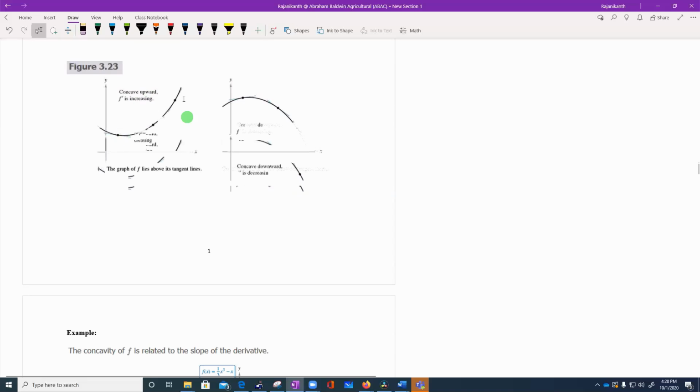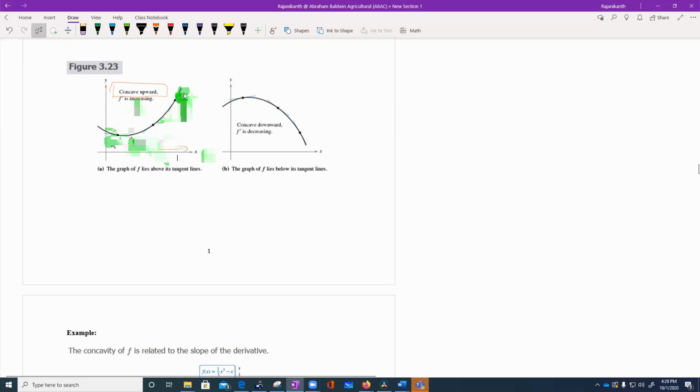If you look at this picture carefully, for concave up, what is happening? Look at the slope at those tangent points, or tangent curves. When you increase your x, look at the slope value. In other words, the first derivative is increasing, right?